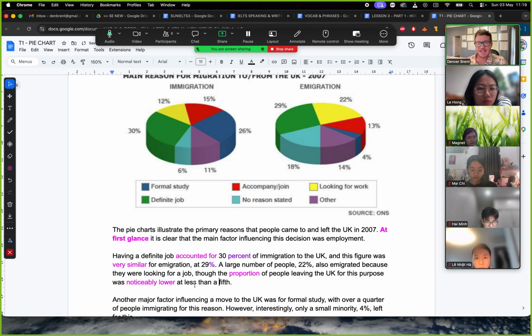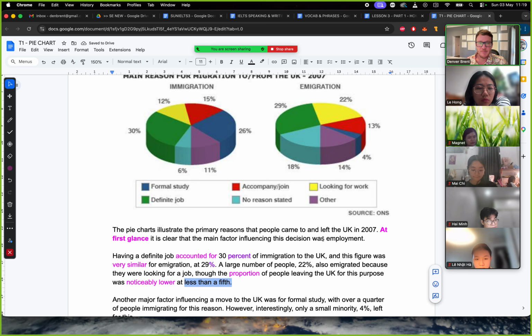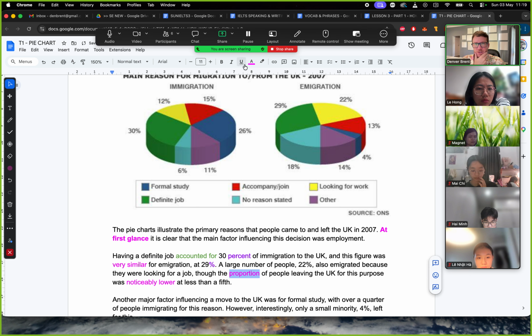You guys see that? And then they said less than a fifth because you don't want to say percent. They're also showing lexical resource here. Just have a look here. I'm just going to make this a different color. Accounted for, proportion.